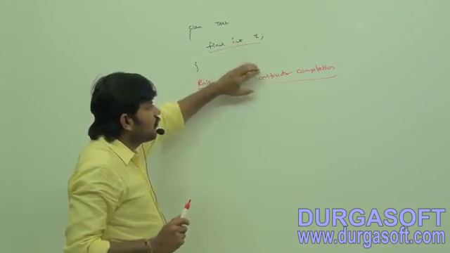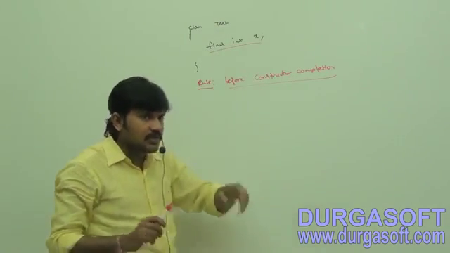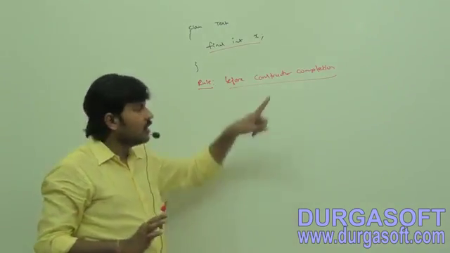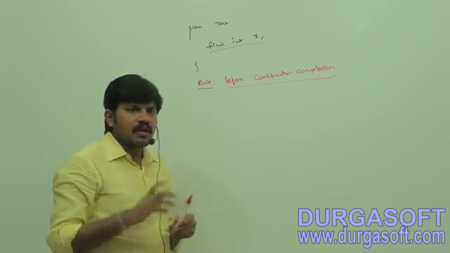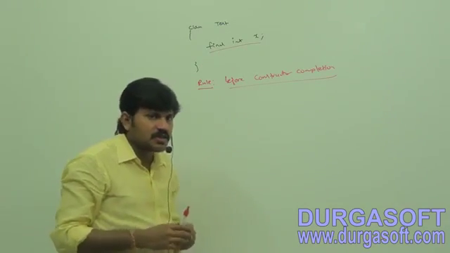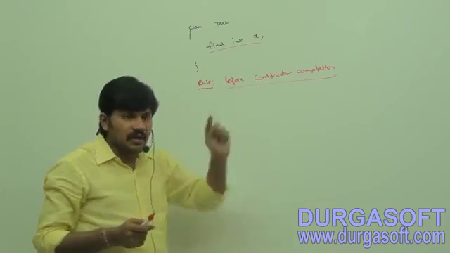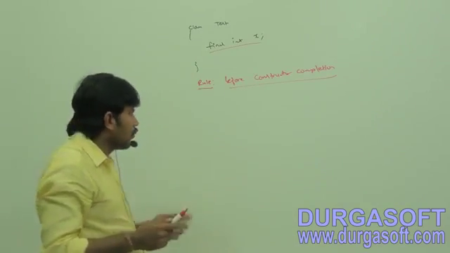So, sir, before constructor completion, what are the various possibilities? I will spell out the rule.